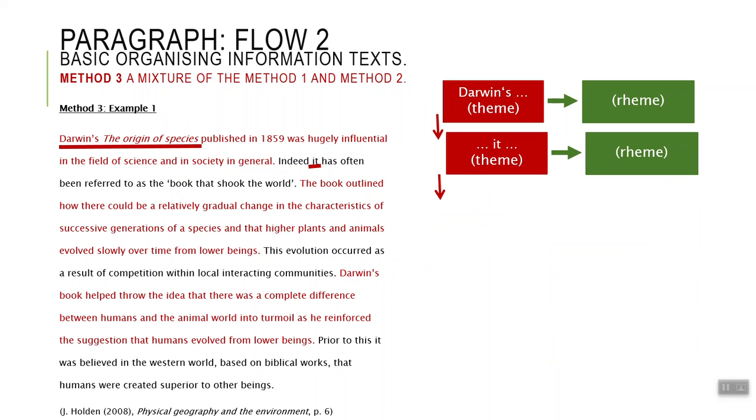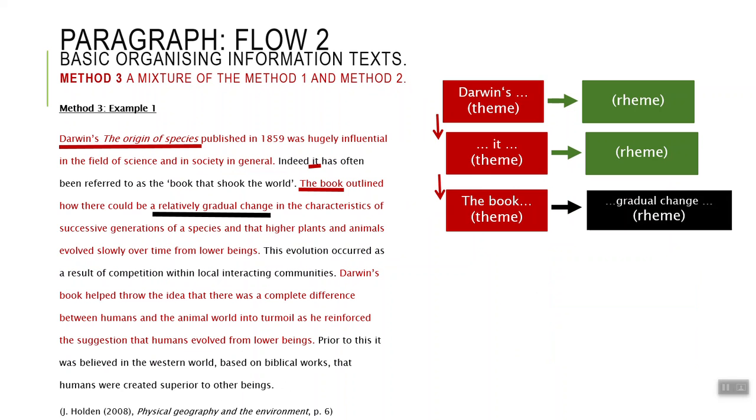The book outlines, right away you say, aha, it's still method 2. The book outlines how there could be a relatively gradual change in the characteristics of successive generations of a species, and that higher plants and animals evolve slowly over time from lower beings. So, how do you know what comes next? This evolution, aha, that's the flow, this summary pattern.